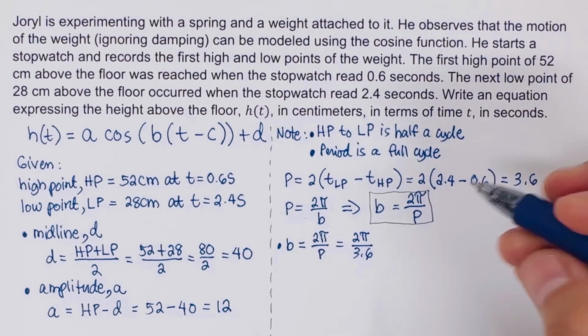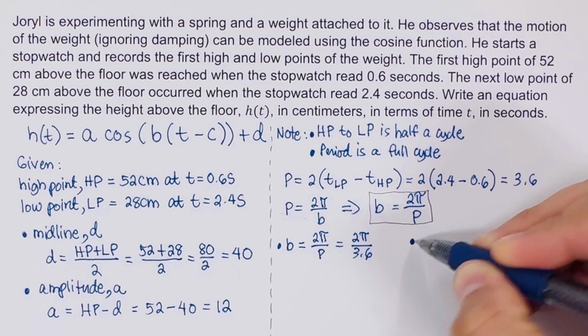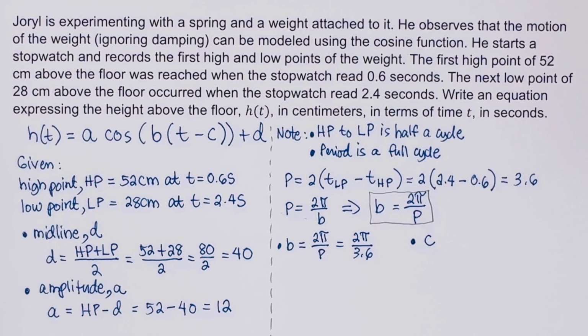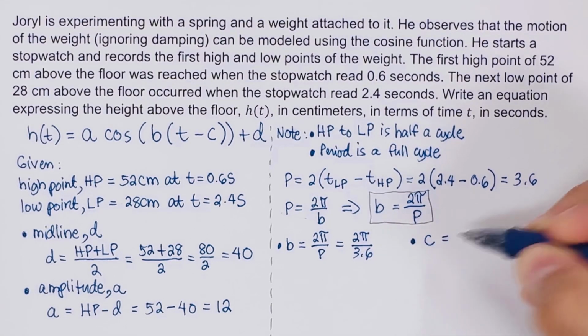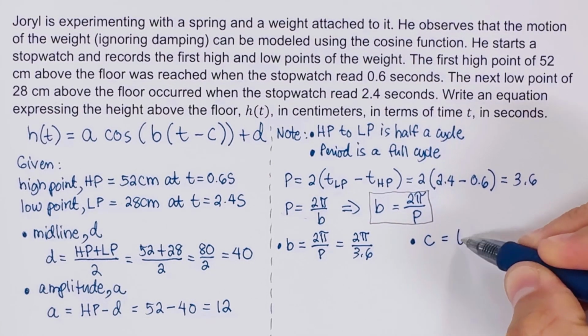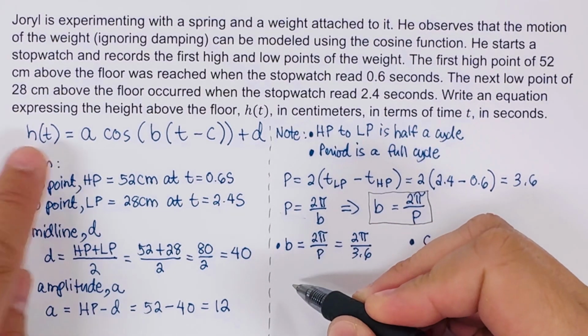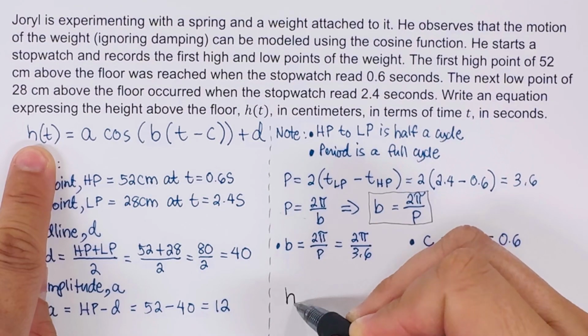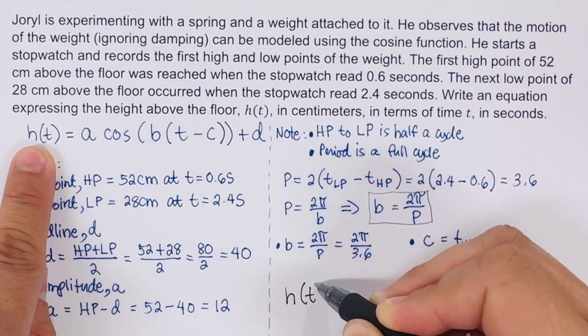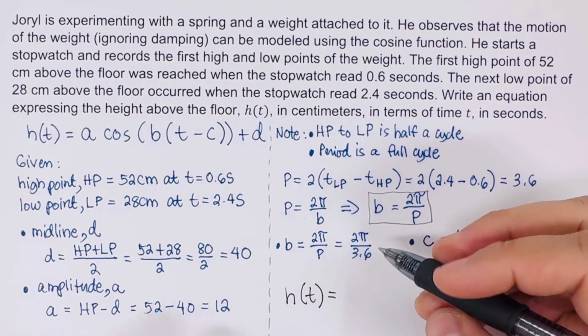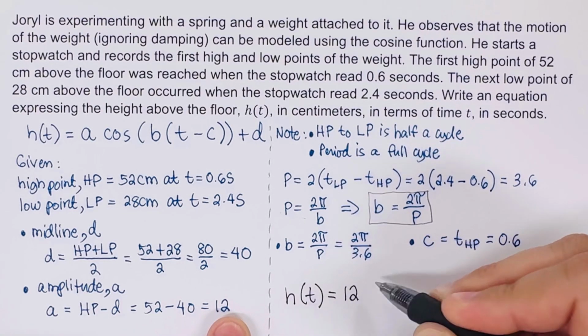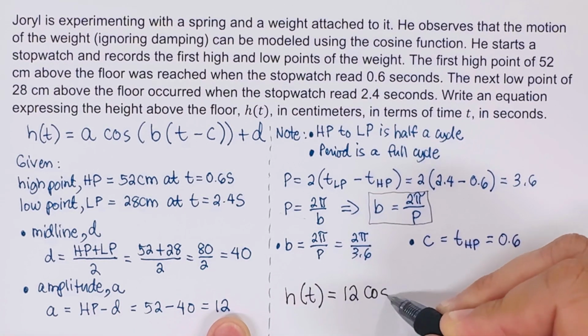Now we are also interested in finding the C. The C, or the phase shift, is equal to the time at the highest point. So from here we can go ahead and write down the equation. We start with h of t, which represents the height, is equal to the amplitude, which is 12, times cosine.